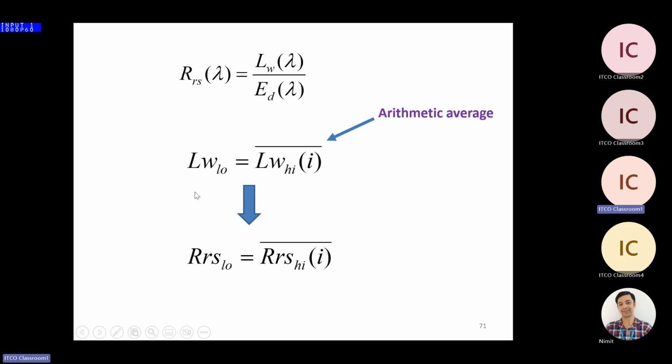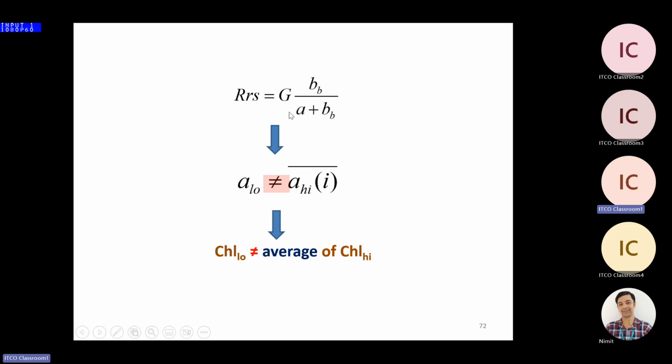So now we can see remote sensing reflectance of low resolution is an arithmetic average of remote sensing reflectance of high resolution. That's for sure. Now, Rrs is basically some kind of modeling coefficient times bb over (a plus bb).